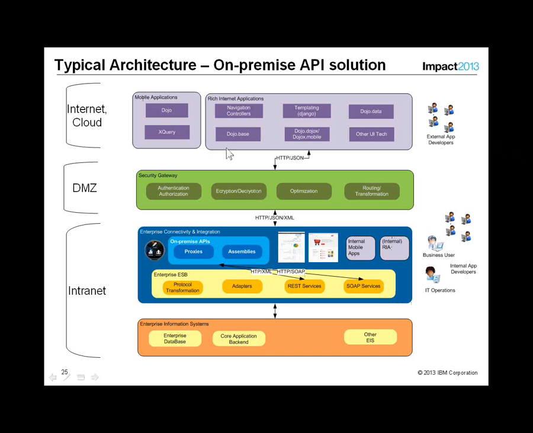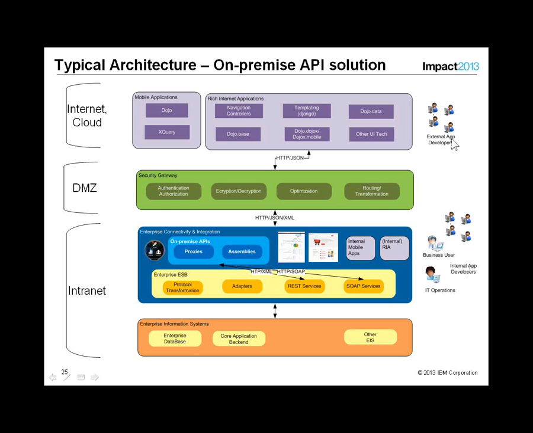All we've done is we moved that application, the solution, right from the cloud, and we've hosted the same on the premise, in the intranet. If you see this, the on-premise APIs live inside the intranet. Everything remains the same.